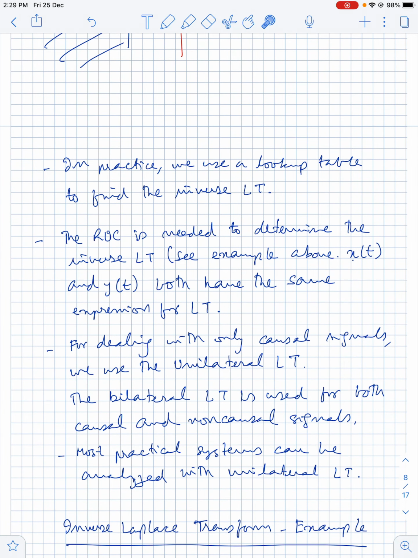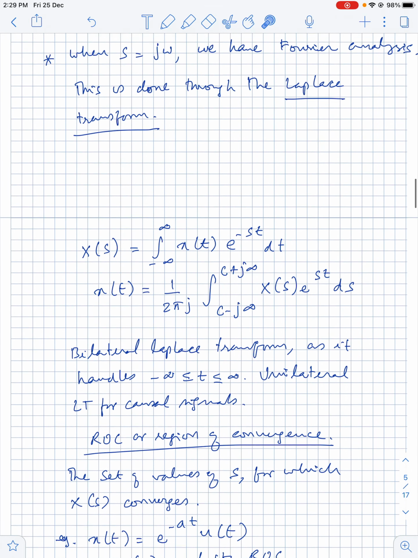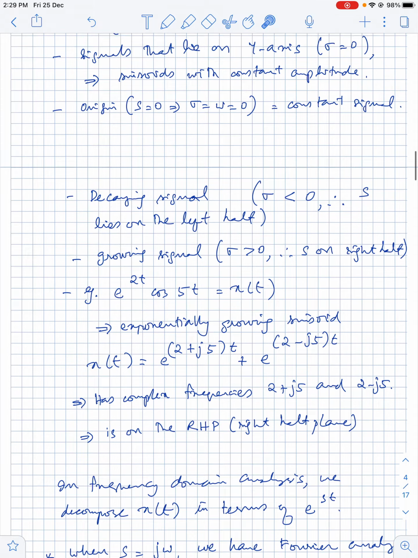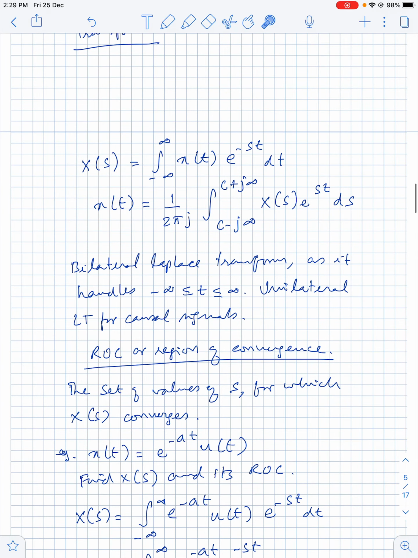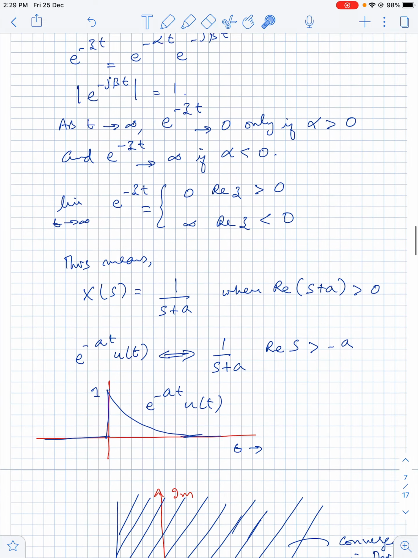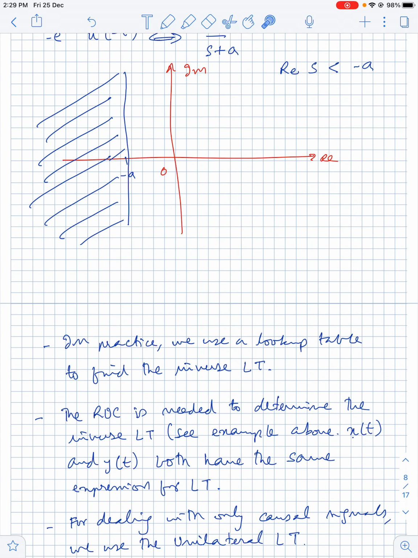Now if you want to do the inverse Laplace transform, like I said, if you look at the formula here, the inverse Laplace transform requires you to do integration over S, which is a complex variable. We have to do complex calculus here. Integration is done on complex variables, which is in principle difficult, and requires a different level of mathematics.